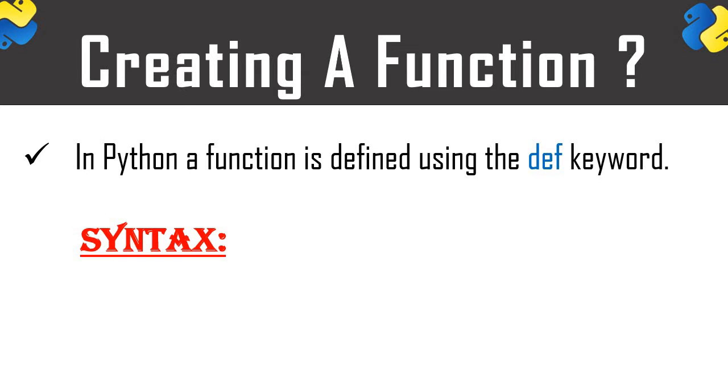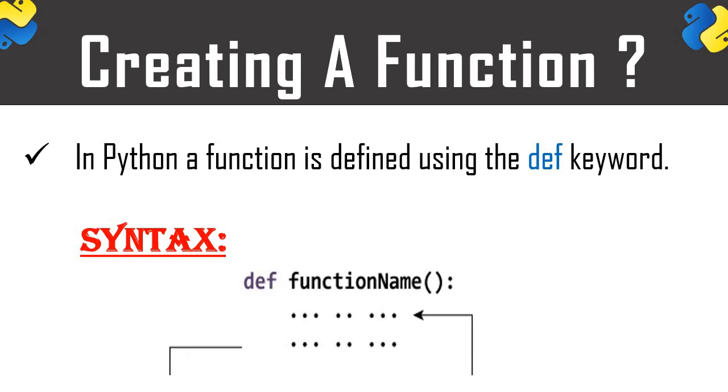So the syntax to create a function is: first we write the def keyword, then we give the function name that best describes the working of the function. Then we use round brackets and the colon. And below that, after giving the indentation, we define the working and implementation of the function.